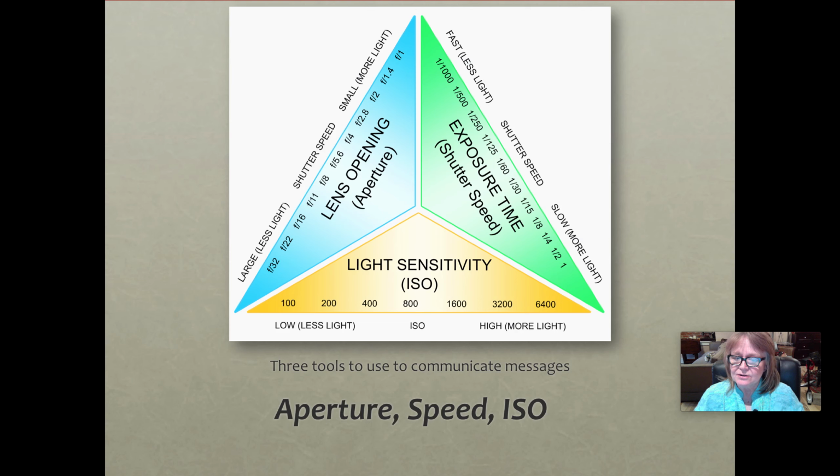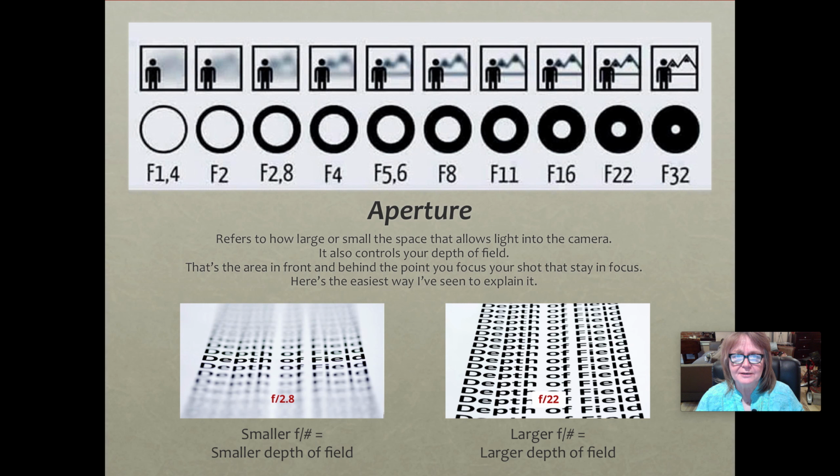And ISO refers to how sensitive. Initially, it was how sensitive film was, but now we don't have film. It's how sensitive the digital sensor is to the light. Anyway, it's a little bit confusing, but we are going to walk through it real quickly. And then there's going to be an expert who describes this a lot better than I do.